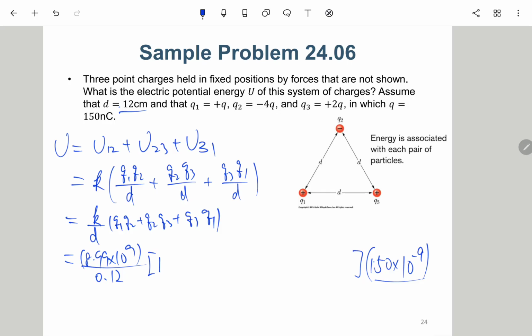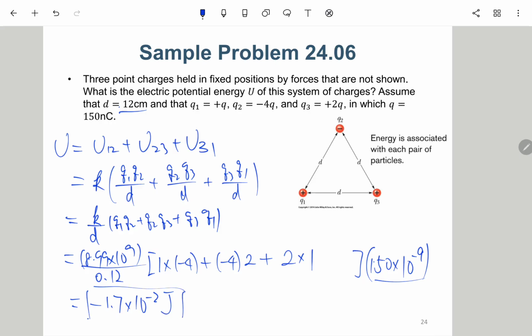Okay, so we only need to have 1 times -4 plus -4 times 2, and then plus 2 times 1, okay. So this is it. So finally, -1.7 times 10 to -2 joule.